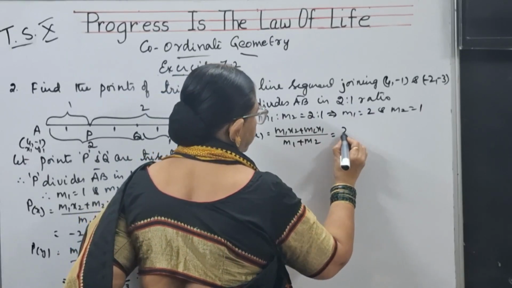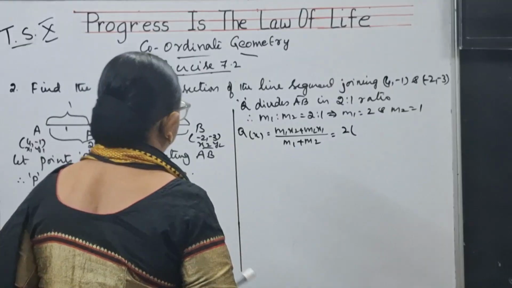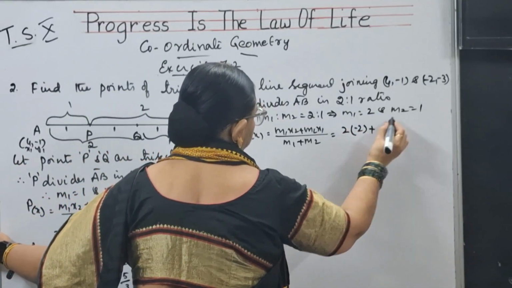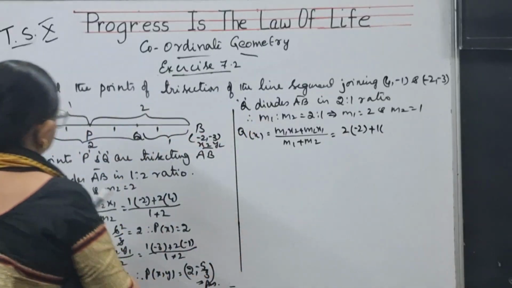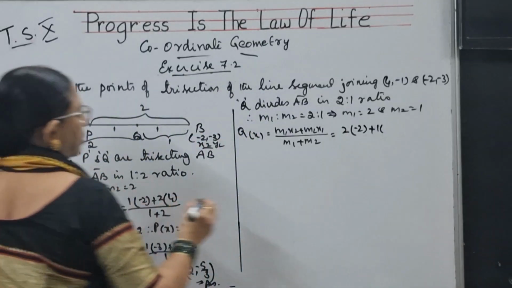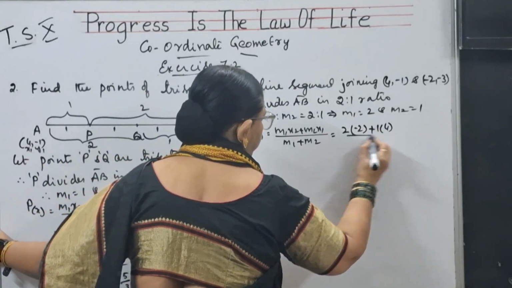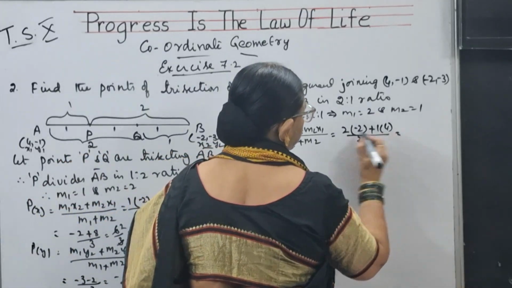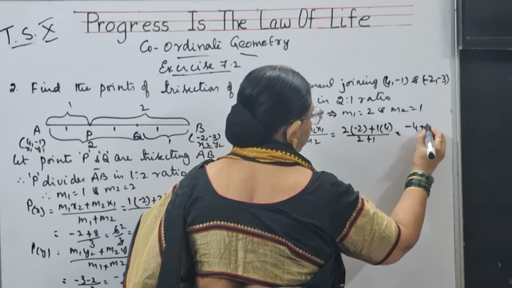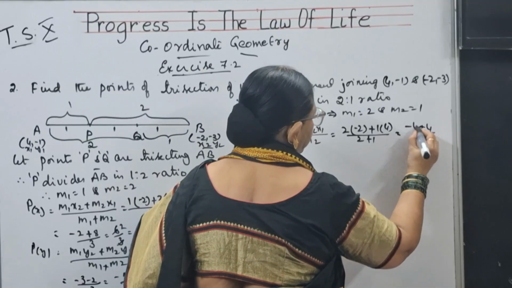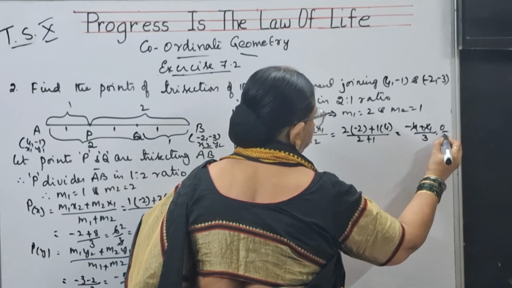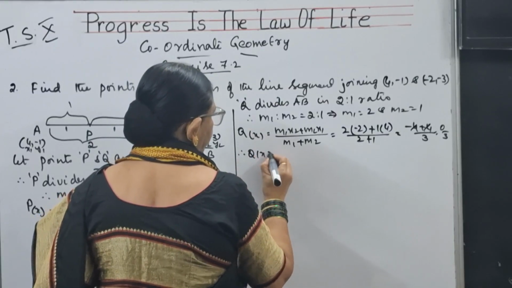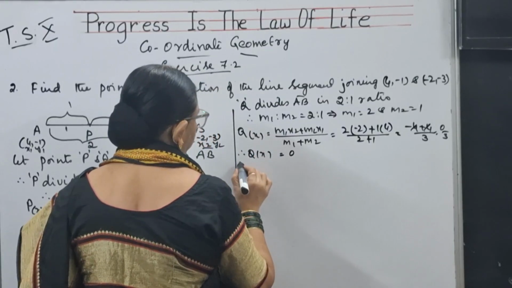That is equal to M1 is 2 into X2 minus 2, plus M2 is 1 into X1, this is X1, 4, by 2 plus 1. So how much are you getting here? Minus 4 plus 4 by 3, that is 0 by 3. Therefore, Q of X is equal to 0.